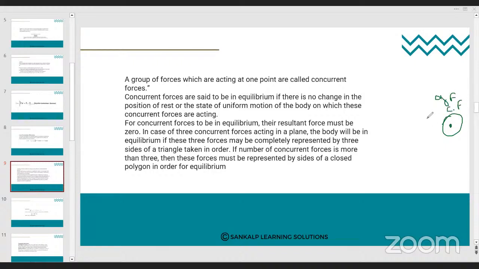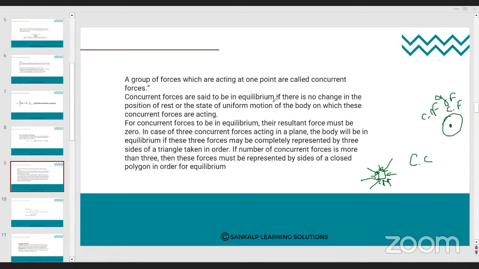For one particular body, a number of forces are acting in different directions. That is called a group of forces, and this group of forces is called concurrent forces. Second paragraph.